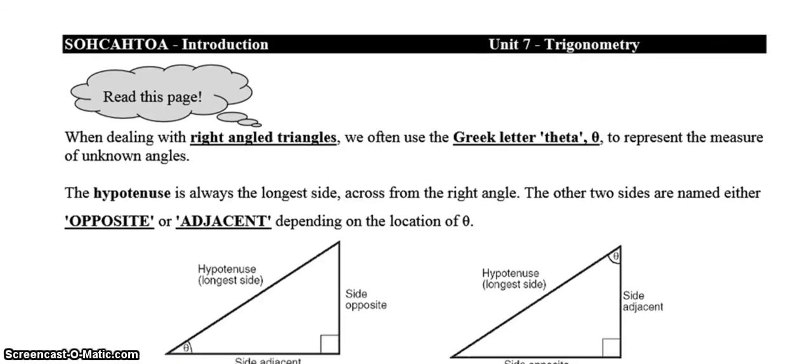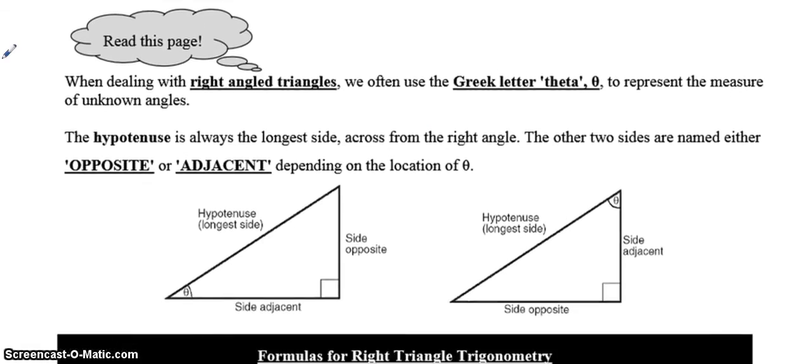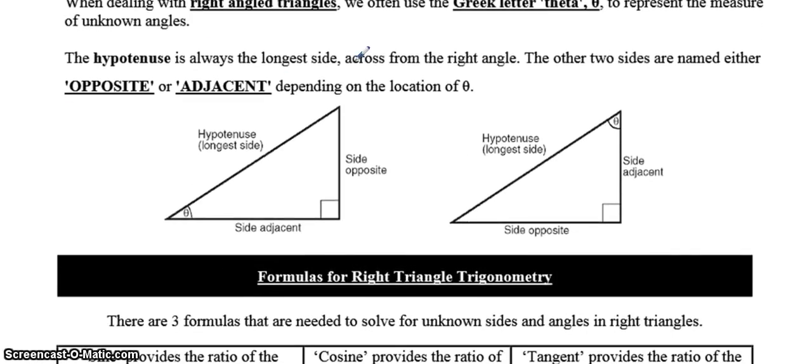This next page just goes over the terminology that we talked about. When dealing with right angled triangles, we often use the Greek letter theta, which is a 0 with an extra loop, to represent the measure of unknown angles. The hypotenuse is always the longest side across from the right angle.